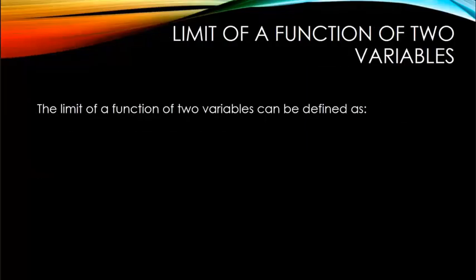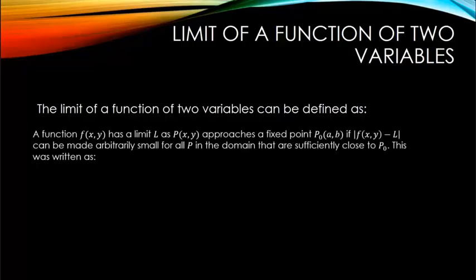The limit of a function of two variables is defined as follows: a function f of x y has a limit L as P of x y approaches a fixed point P naught of a b if the absolute value of f of x y minus L can be made arbitrarily small for all P in the domain of my function that are sufficiently close to the point P naught.